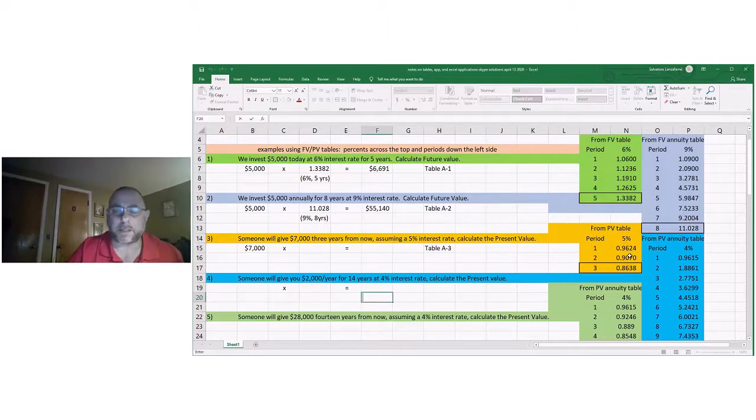So look at table A3, go to the 5% column, go down to period 3, which is this 0.8638 number that I have highlighted. And then let's multiply them together.